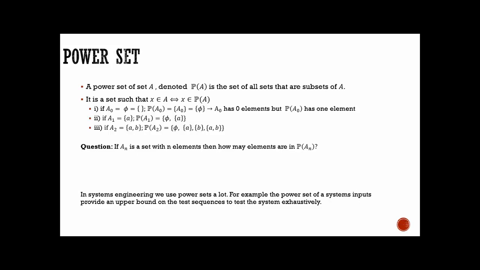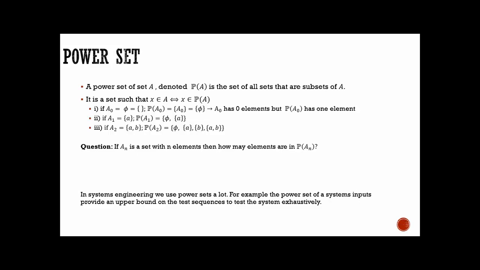So these are the three cases. A0 is equal to the null set. So the power set of A0 is going to be equal to the set containing the null set. So A0 has 0 elements, but the power set of A0 has 1 element, which is the null set, meaning that that set is empty.